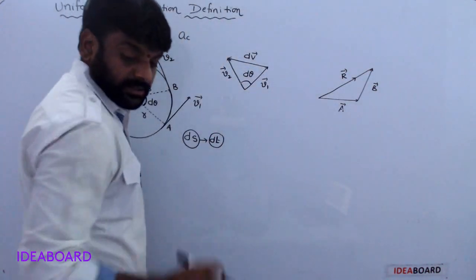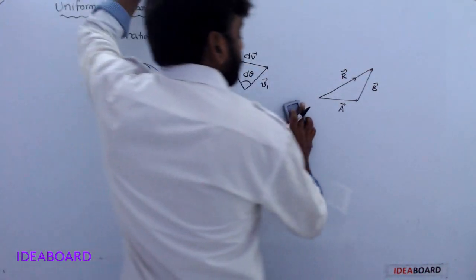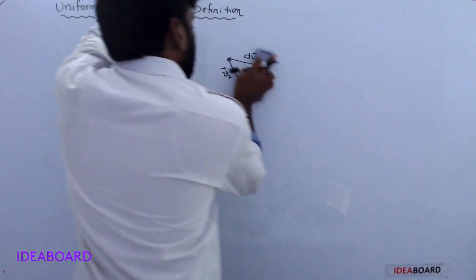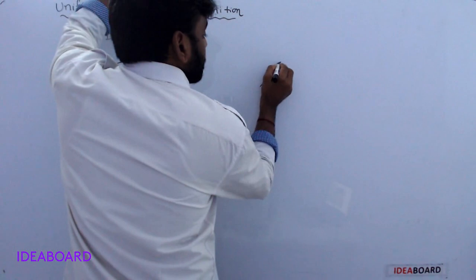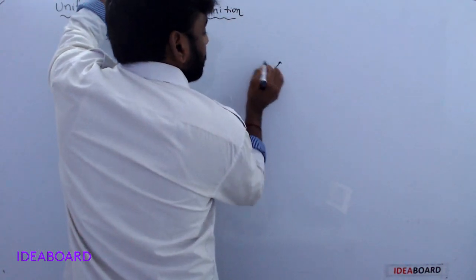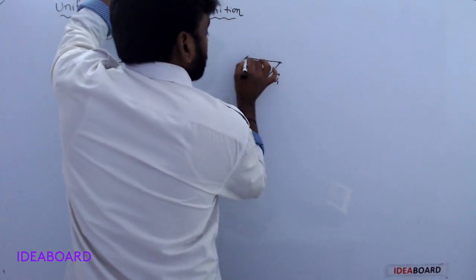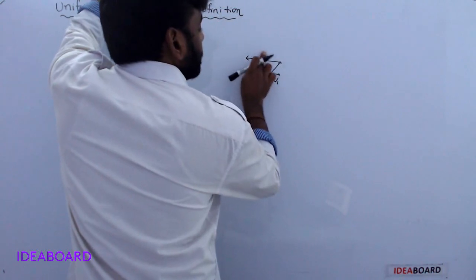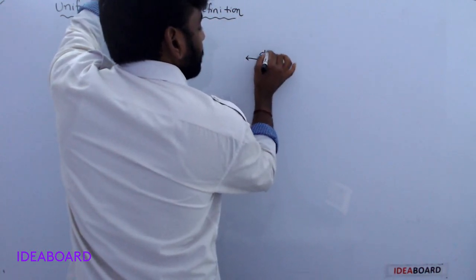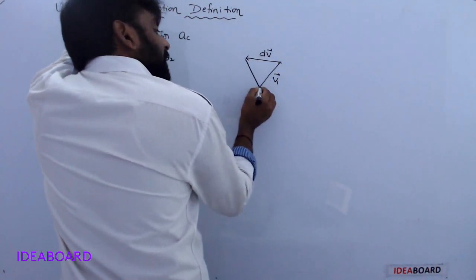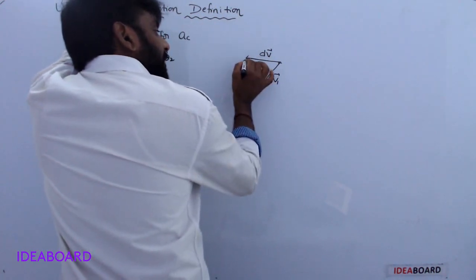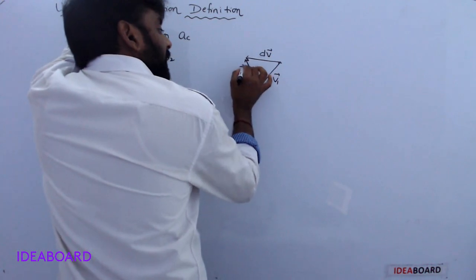In this manner, this one is v1 bar, this one is dv bar. The initial point of v1 bar and the final point of dv bar gives v2 bar.